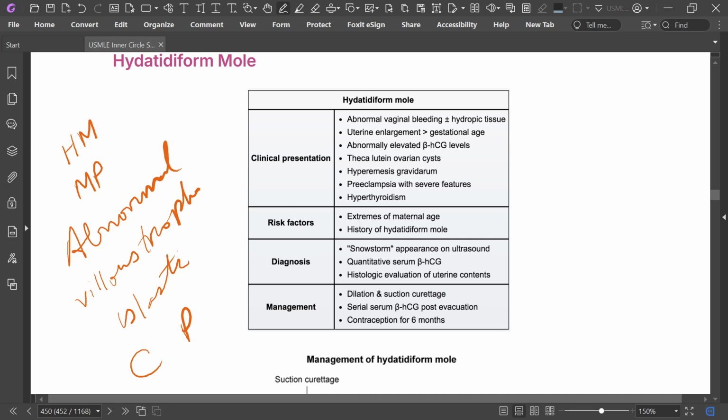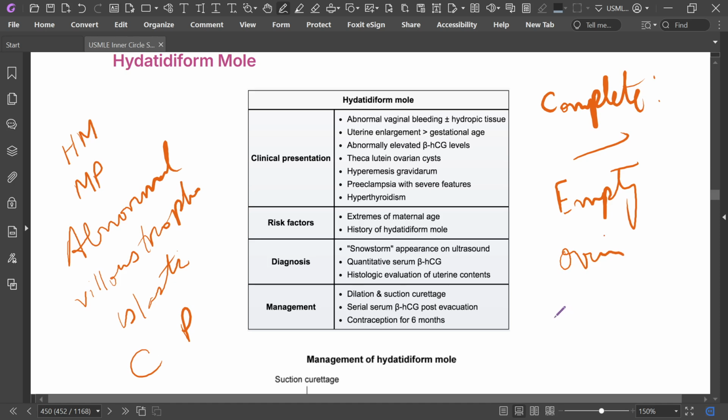If we go through the complete mole, the majority, what happens? A complete mole occurs when an empty ovum, with no maternal genetic material, is fertilized with a sperm.